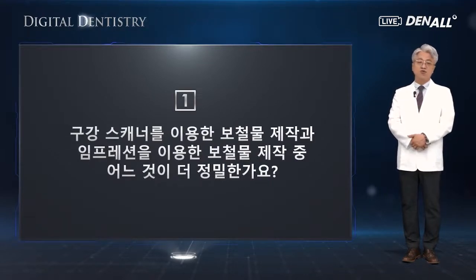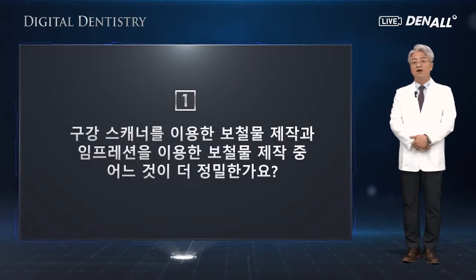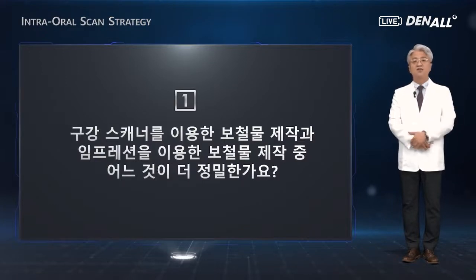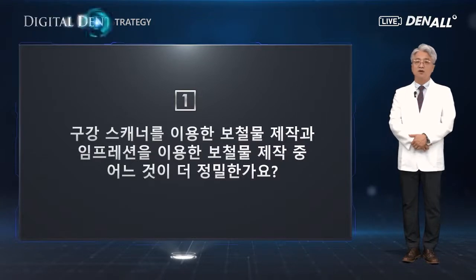So the Modeless process using an oral scanner is much more precise in terms of the fabrication of the prosthesis. But one thing, for a full mouth one-piece prosthesis, for example, from number 7 to number 7 on the other side, a model needs to be used compared to the approach using the oral scanner. That is more precise.